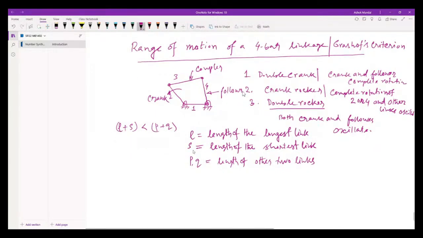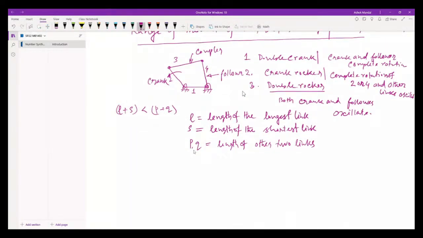Now, this is the condition. If this condition is followed, then you get these mechanisms. What is this condition called? If this condition is true, then what happens?